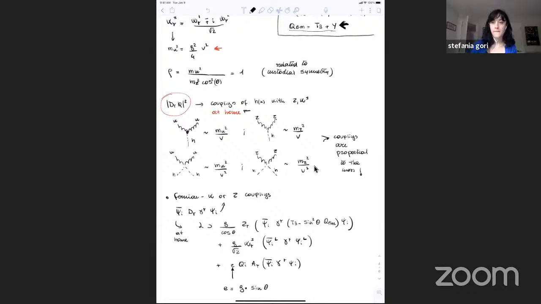What is the reason behind that? You can see it also based on gauge invariance if you want, and then it comes out once you expand this covariant derivative, if you do it properly.